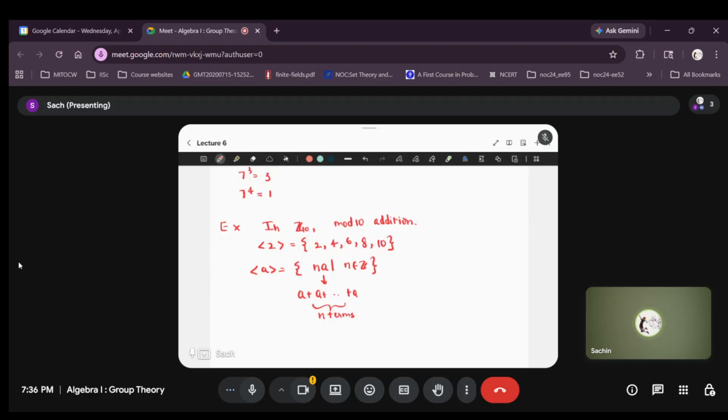That is how the subgroup generated by A is defined in additive notation.